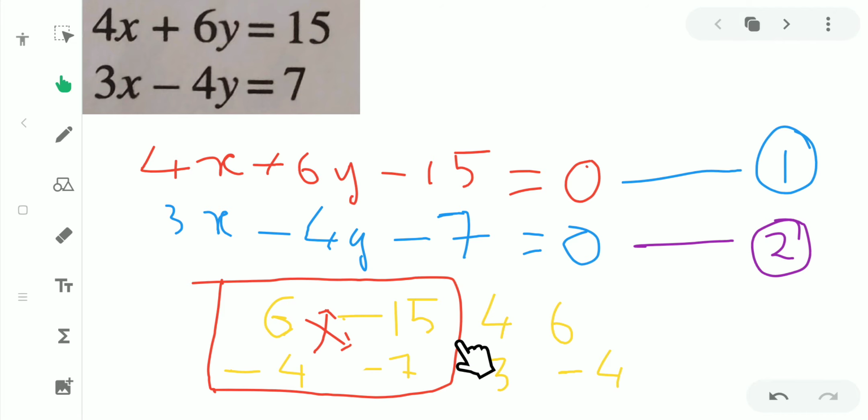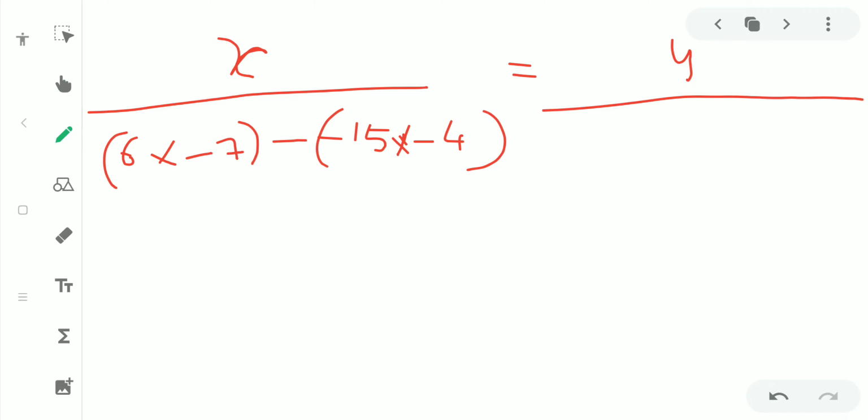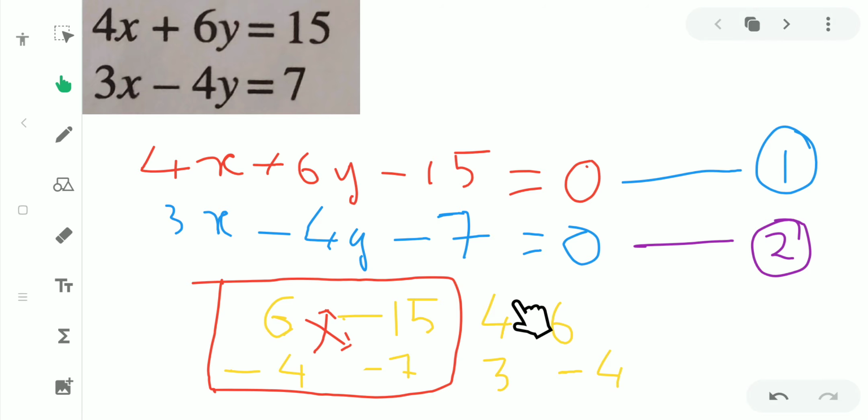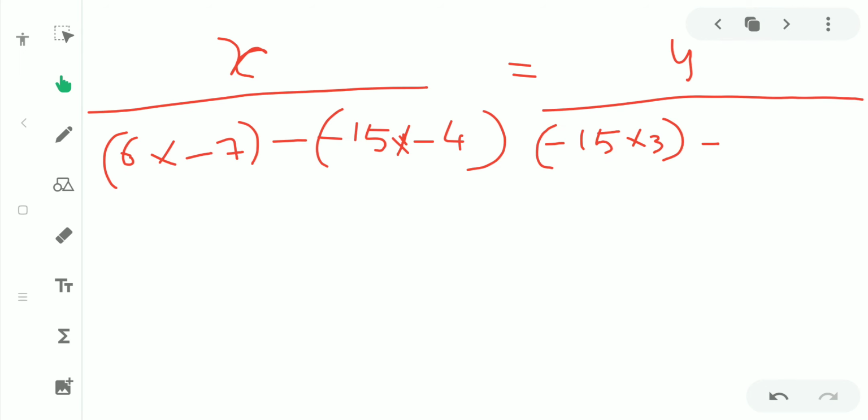Our C1 is minus 15, A1 is nothing but 3, minus 15 into 3, minus C2 into A1, that is minus 7 into plus 4.